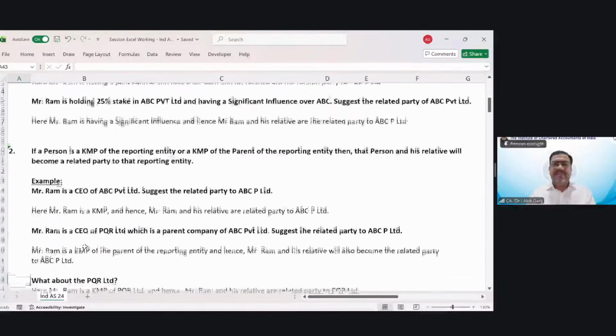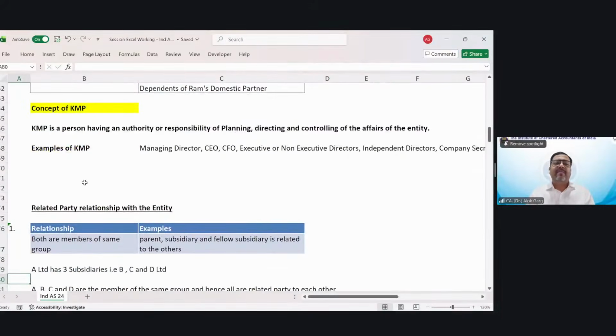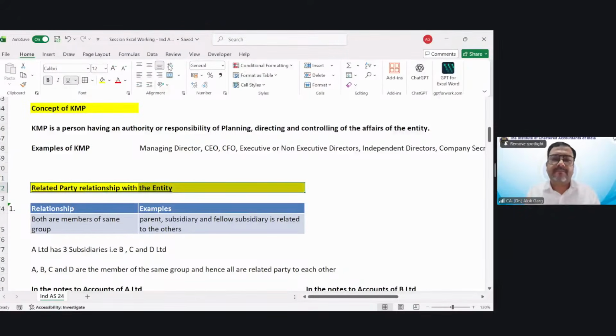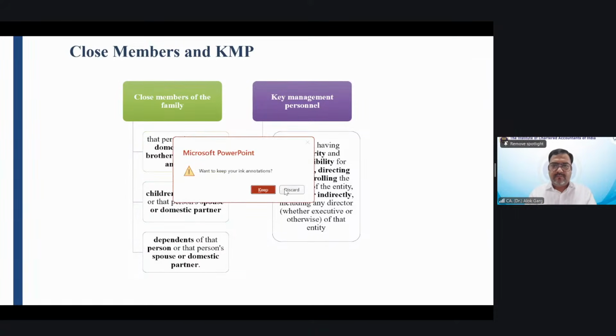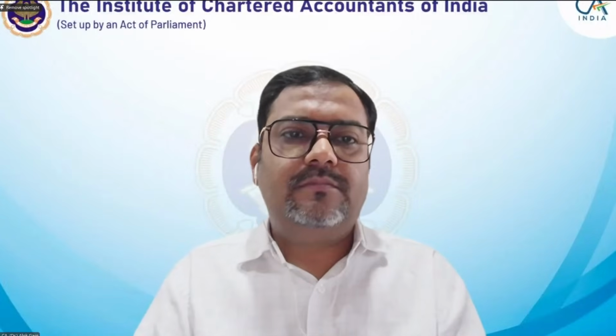So we discussed this in detail. Close member of the person's family, concept of KMP. We have covered all these aspects in detail, right? Okay. Now coming back to this. Is it visible now?